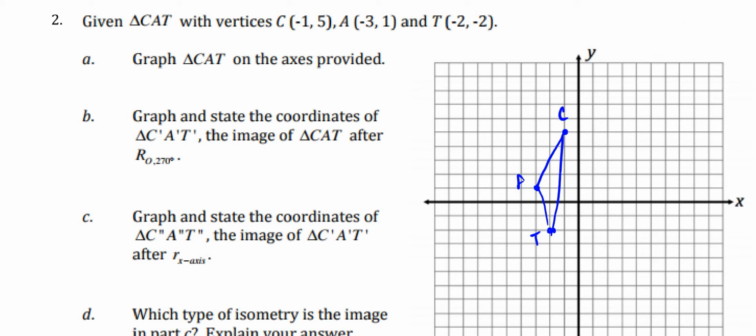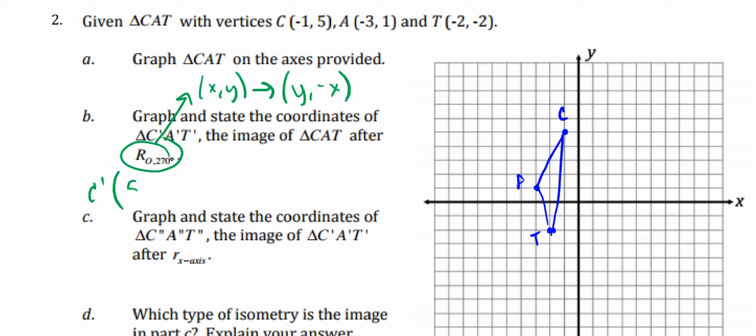So if I rotate this 270, the rule for the rotation of 270 is that (x, y) becomes (y, -x). So that means C prime is going to become (5, 1). A prime is going to become (1, 3).